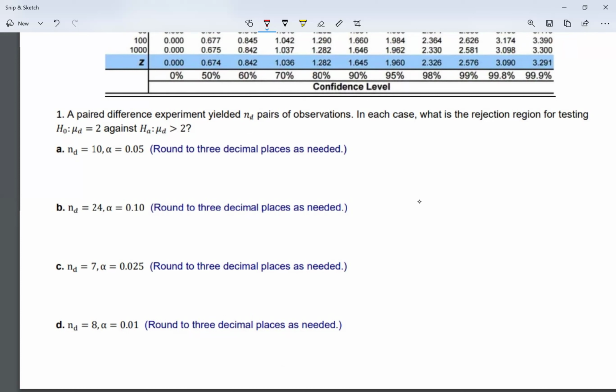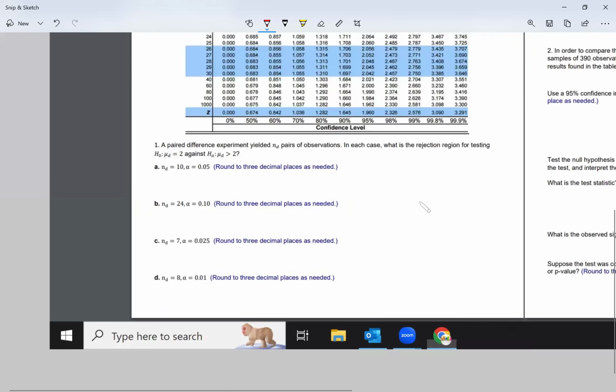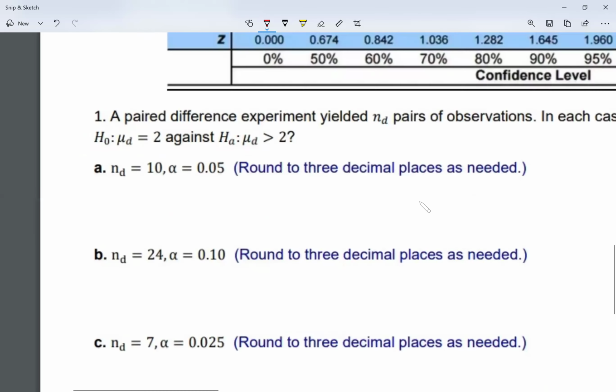So here it says my nD, that basically means degrees of freedom, is going to be 10 here. And my alpha is 0.05. Okay, now one thing on the table, I'm going to look at my degrees of freedom. So for me to use this table, I'm going to use the number given minus 1.